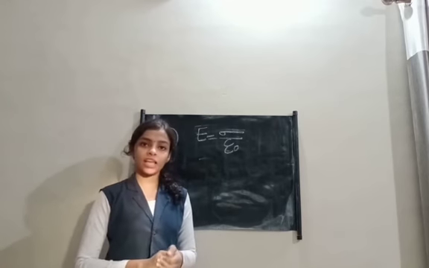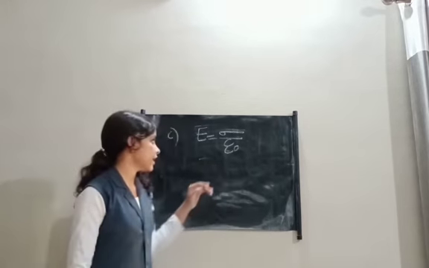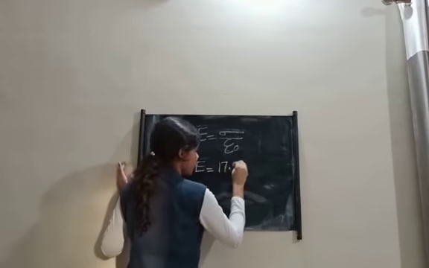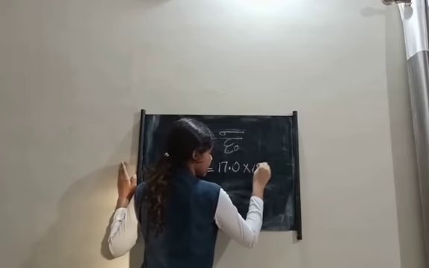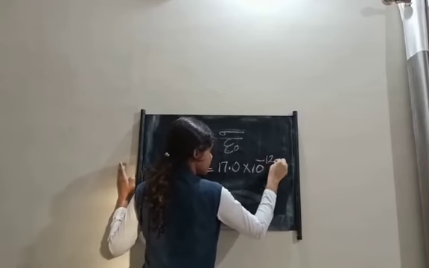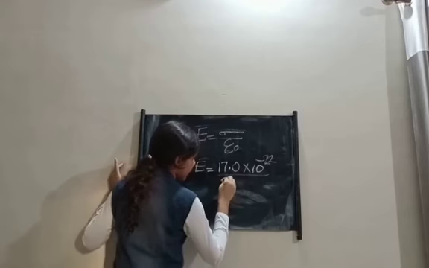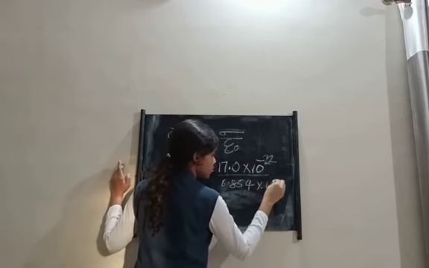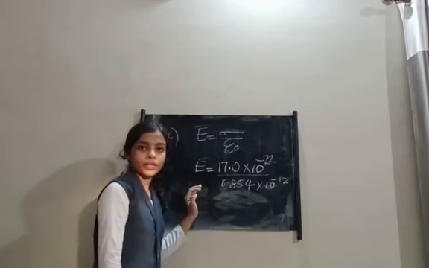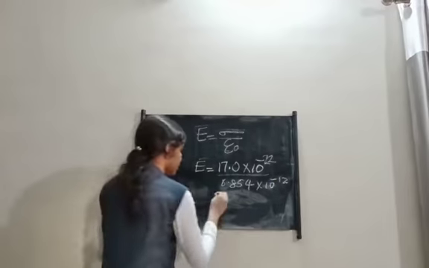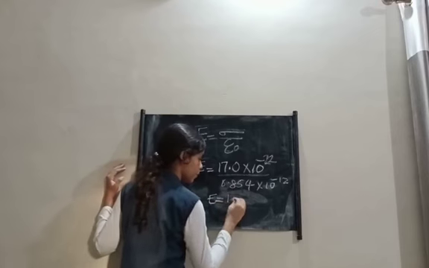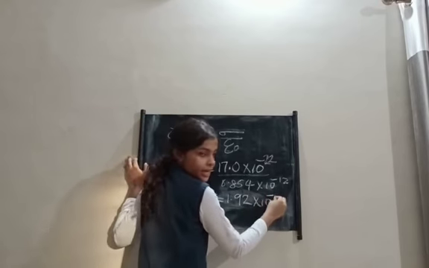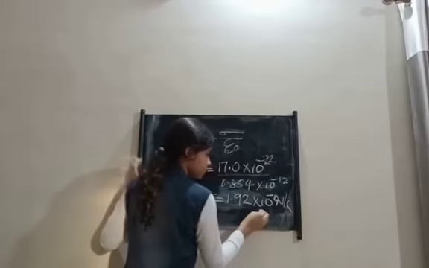Now substituting the values, we get E equal to 17.0 into 10 raised to minus 22 by 8.854 into 10 raised to minus 12. Now the final answer is E equal to 1.92 into 10 raised to minus 10 Newton per coulomb.